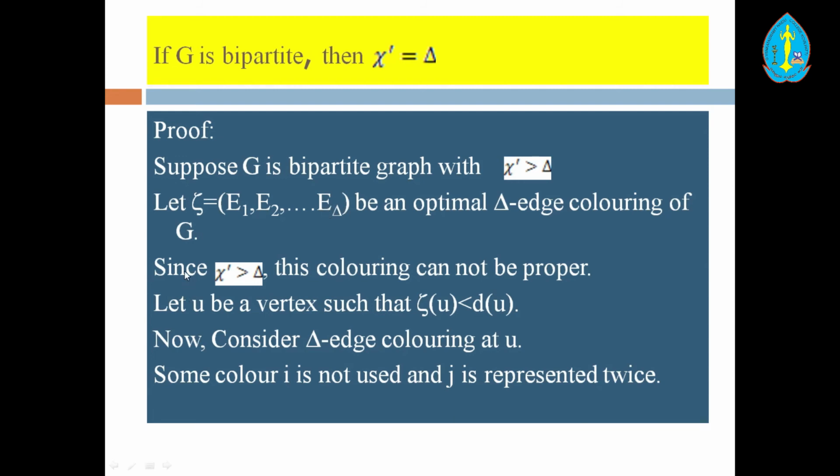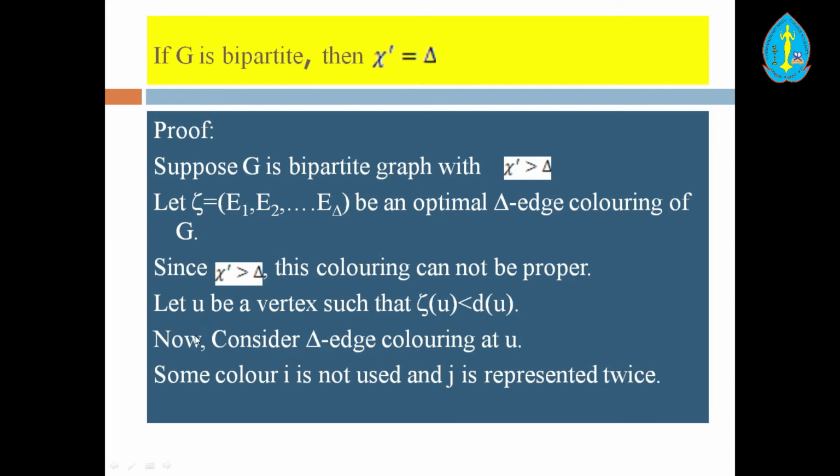Since chi' is the minimum number of colors for a proper coloring, and we assumed chi' greater than delta, this means the coloring with delta colors is not a proper coloring. Therefore, this coloring C is not a proper coloring.